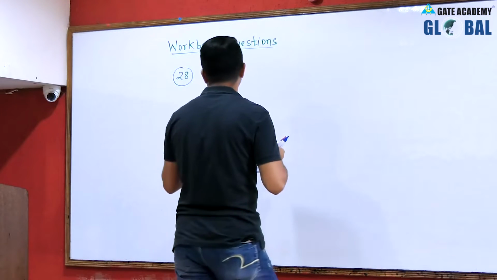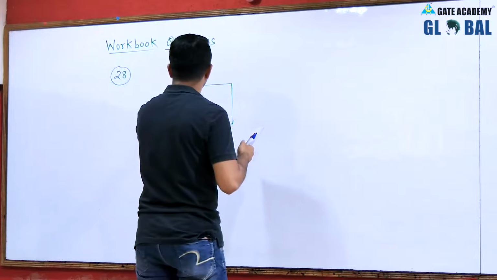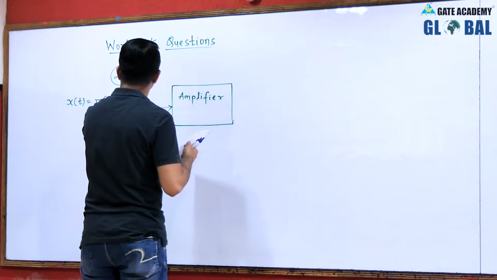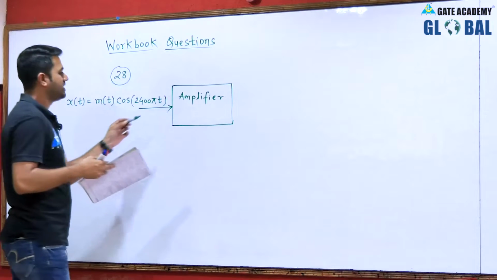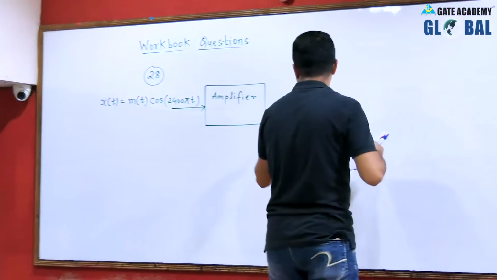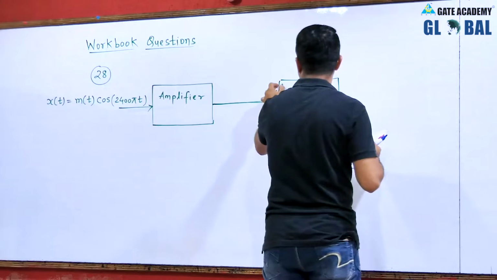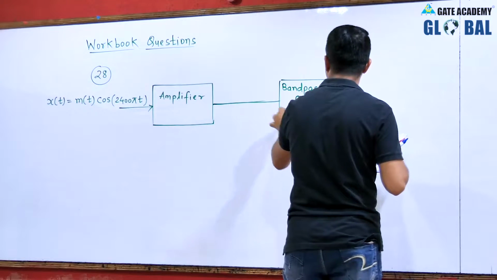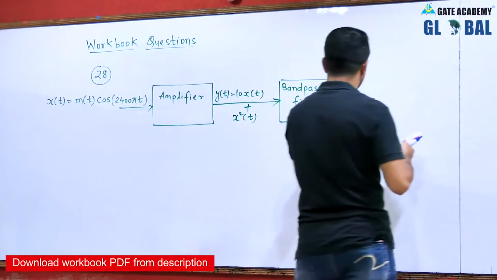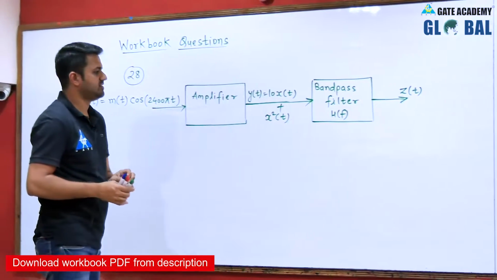So let us draw the given diagram first. The input to this amplifier is x(t), which is m(t) cos 2400 pi t. So this is the block diagram.